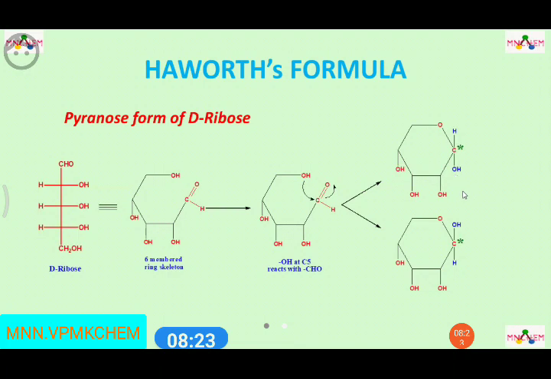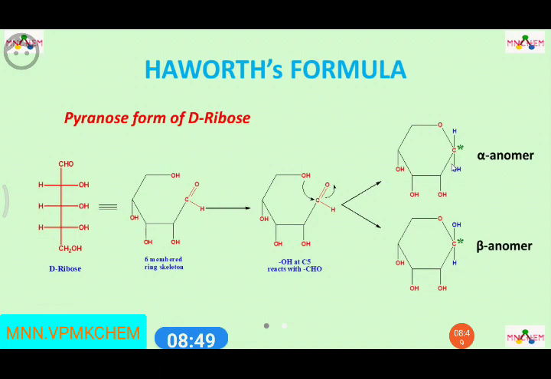Now we can say the position of the hydroxy group on this newly formed chiral center decides the different isomers. These two isomers formed are called alpha anomer and beta anomer.